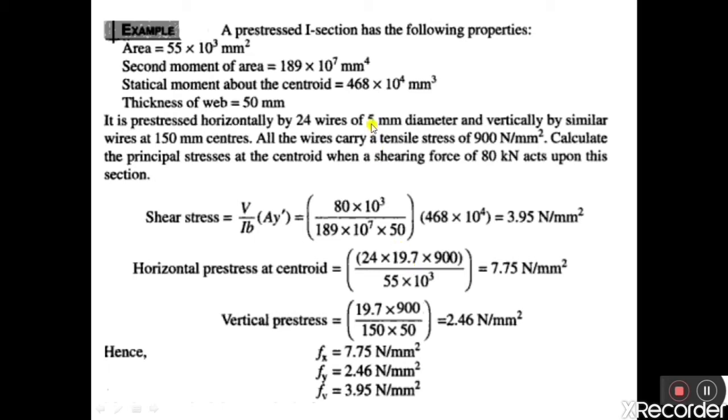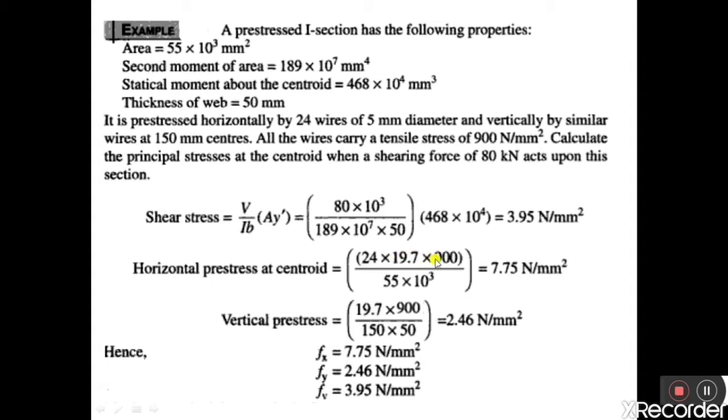That is pi d square by 4, which is equal to pi into 5 square divided by 4. We will get 19.7. So 19.7 is the cross section area of a single wire, and 24 is the total number of wires. So 24 into 19.7 is the area of a cable, and 900 Newton per mm square is the tensile stress acting.